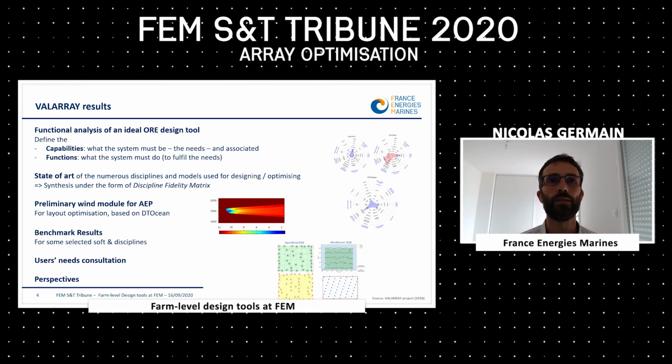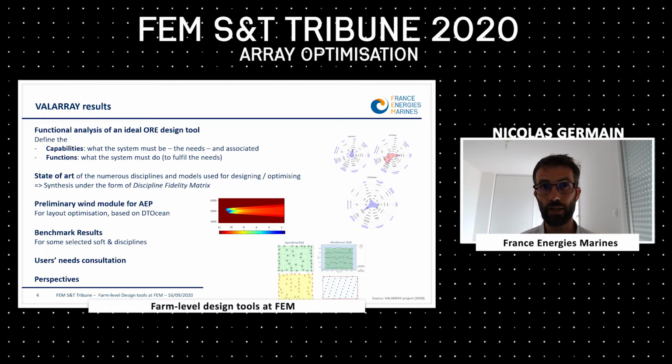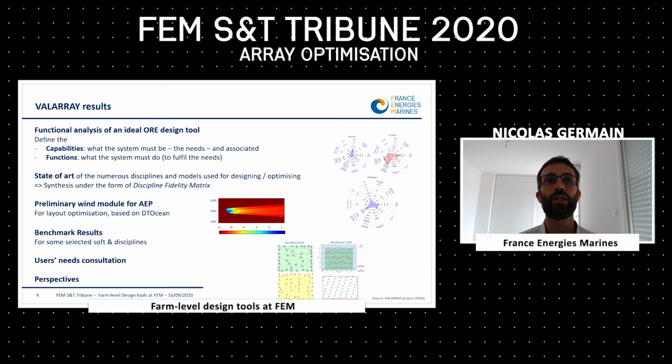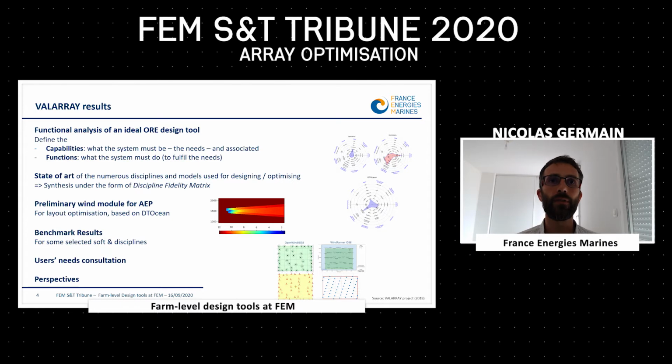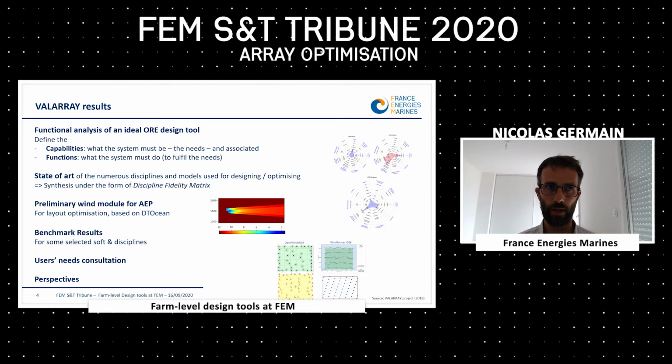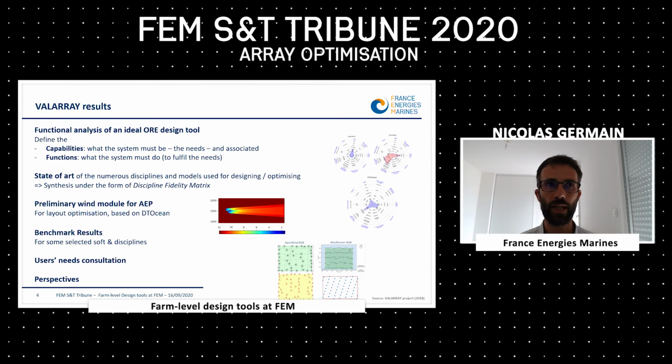So I will give you a few words about Valerie results. Valerie is a one-year project that is finished now, which has been about defining the perspective, the needs for design tools. So what has been done? First, we have made a functional analysis to back our work, so to work on a single base.